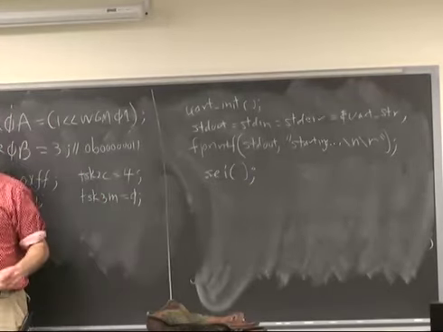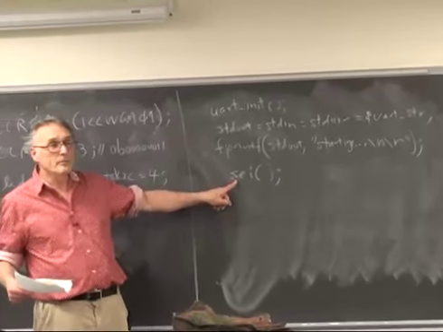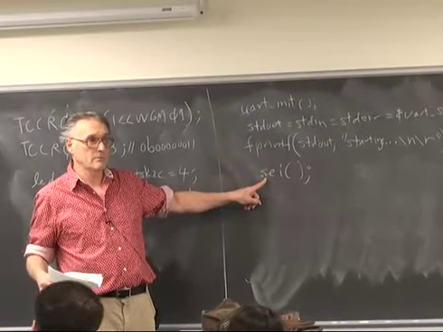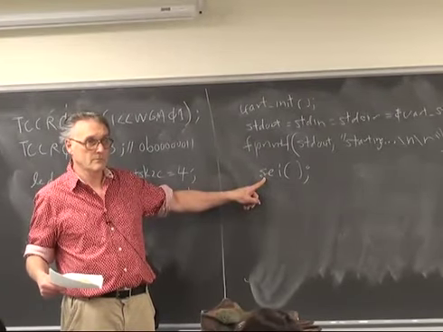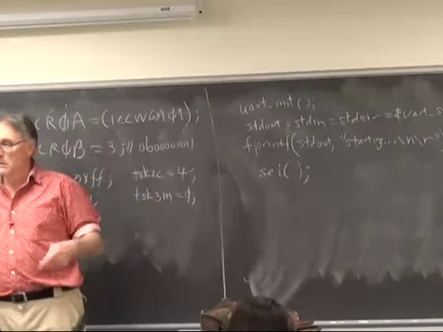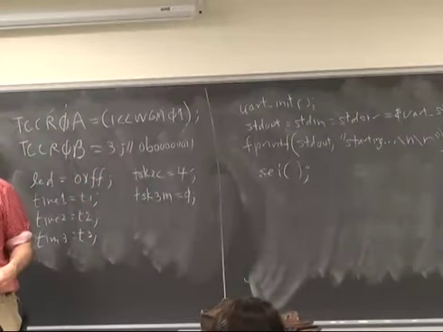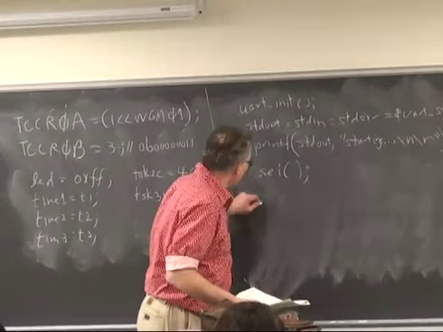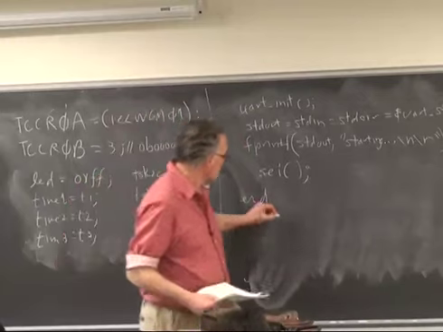Until that is set, no interrupt will be taken. The timers will do nothing. The timer counter is actually running, but it won't do anything useful in your program. And then we have to end initialize.